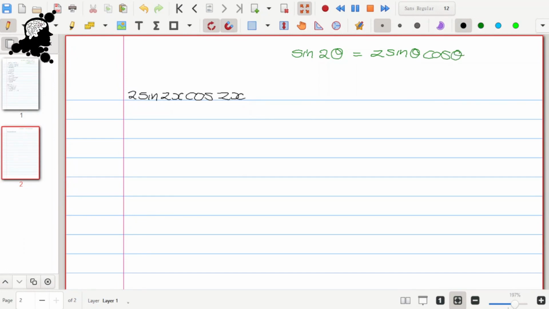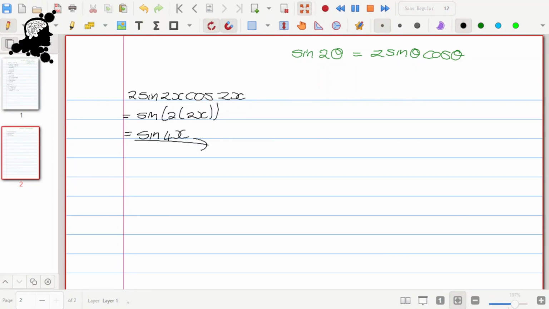There's only one identity, and that's exactly what we have here. We have a matching pattern. So I can say this is going to be sine of 2 times 2x, which gives me sine of 4x. There we are, done. Life is great.